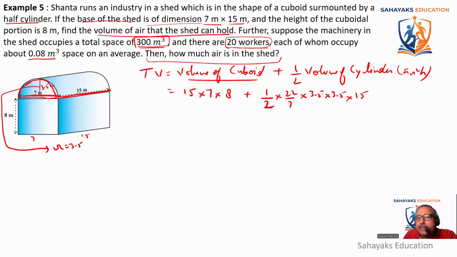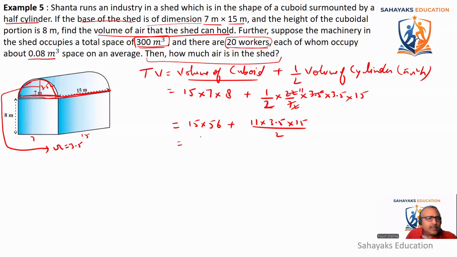Okay, so let's compute it. 3.5 twos are 7, 7 elevens are 77, and this comes out to be 15 into 56 plus 11 into 3.5 into 15 divided by 2. This time they have given a lot of computation, but not much.